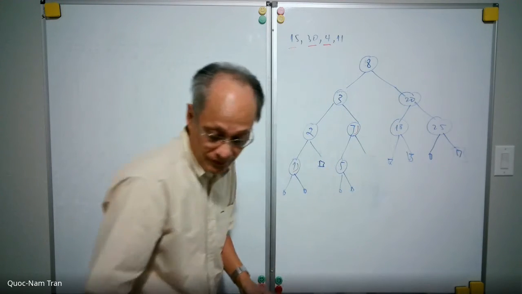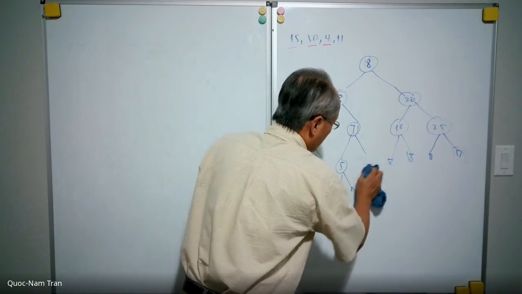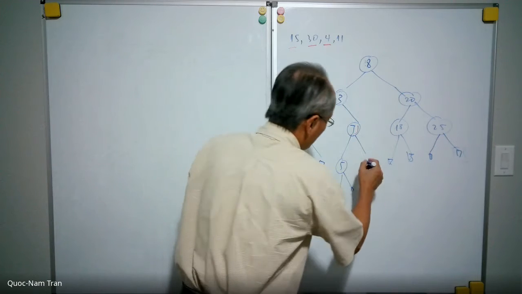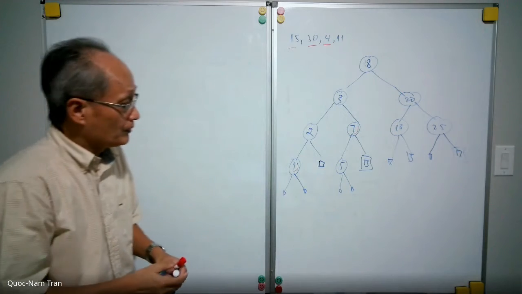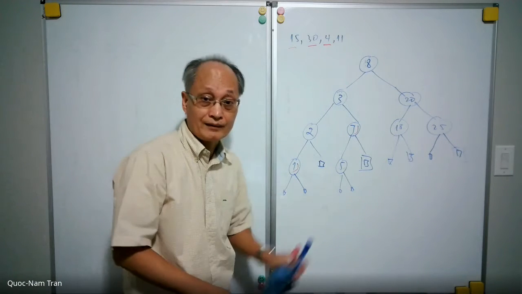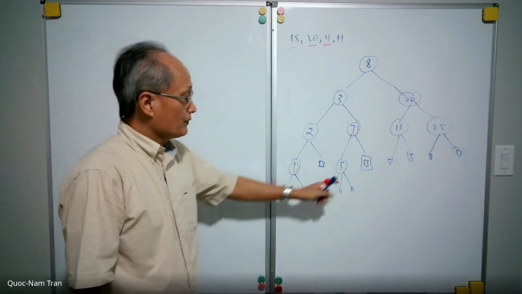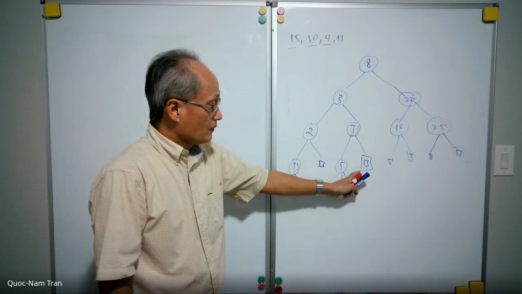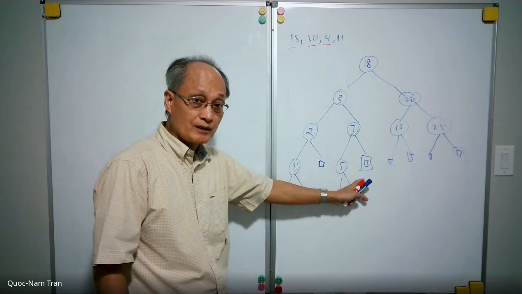We have to give that null node one more black, right? So in other words, here we have to give this one a double black. Okay? So now when we remove this node, we have to resolve the double black situation, right?